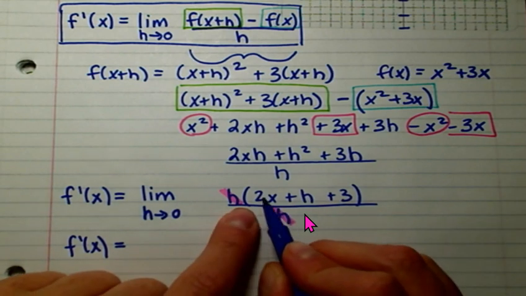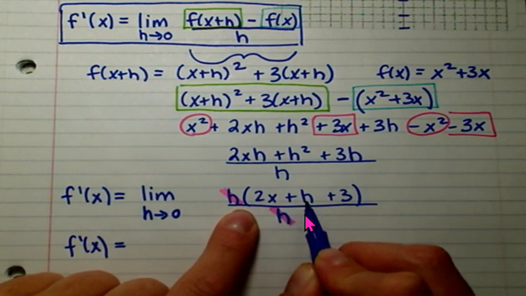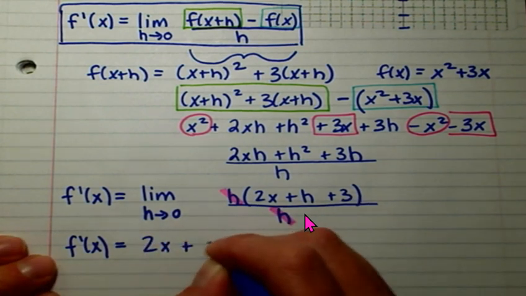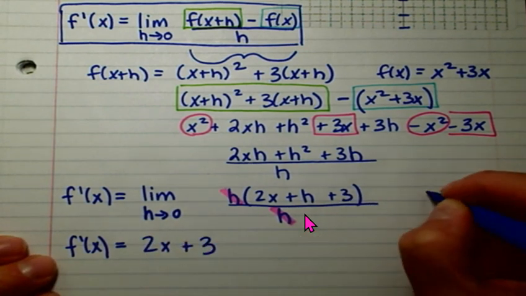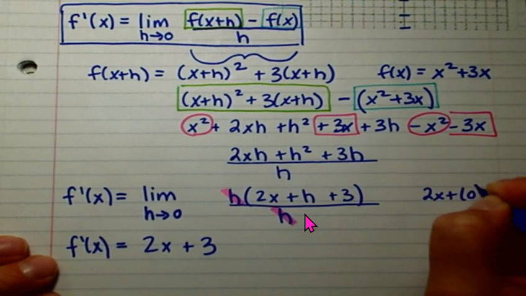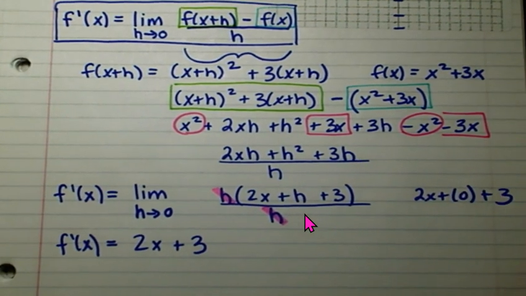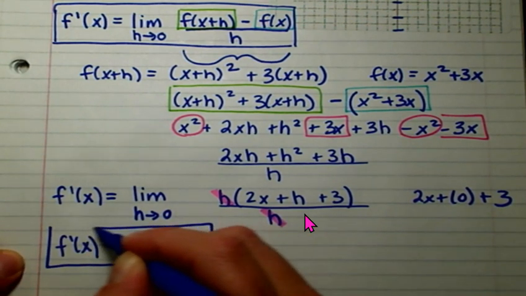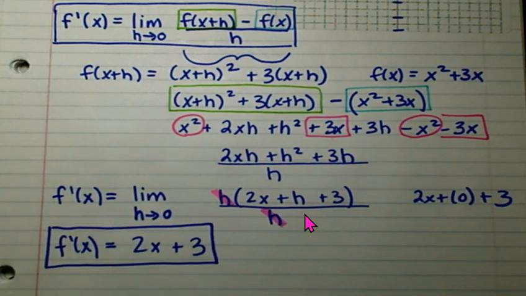So we get 2x plus 0 plus 3. Right, because I did 0 plus 3. Put a little box around this. You found the derivative, which is an equation that describes the tangent slope. That's what it is.